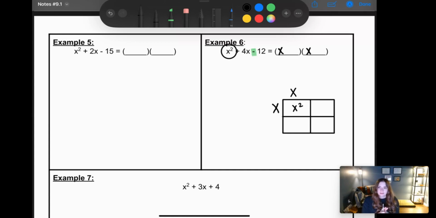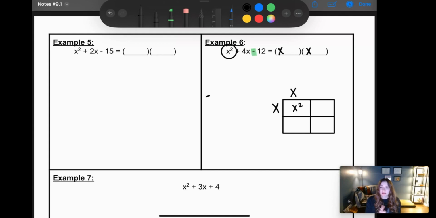What adds to get positive 4, but multiplies to get negative 12? So what do you know already? You know this has to be in there. One of your numbers has to be negative, because if you multiply two positive numbers, are you going to get a negative? You're not.